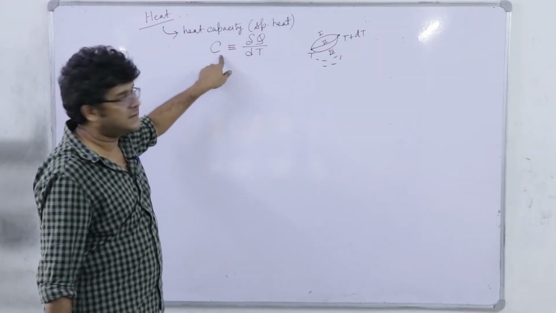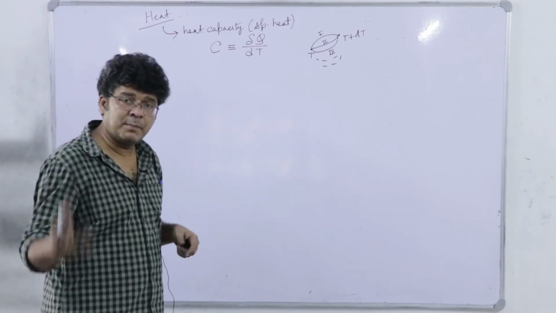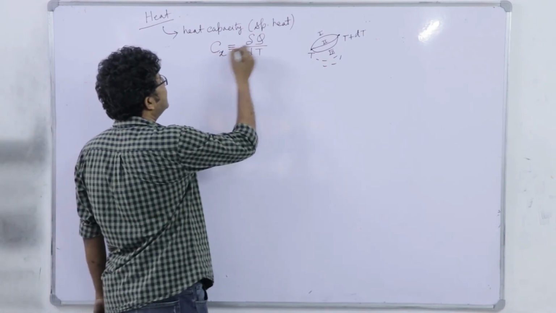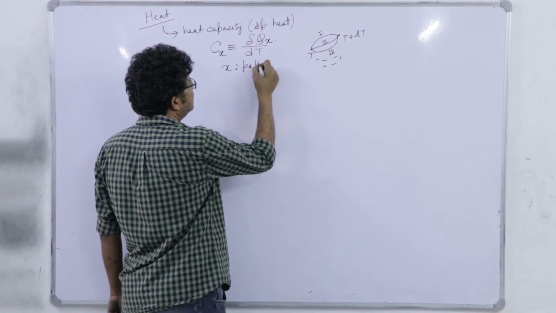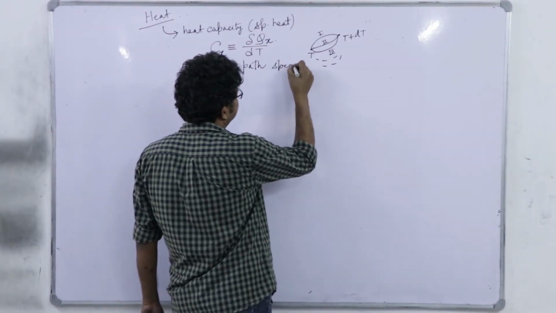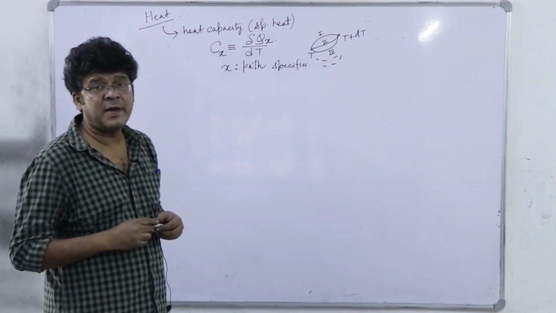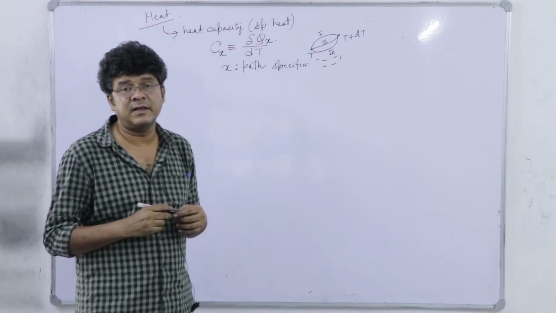So this heat capacity must, in general, be associated with a path specifying parameter. That's why we write it as Cx and delQx. X is the path specifier, which remains constant along that specific path.